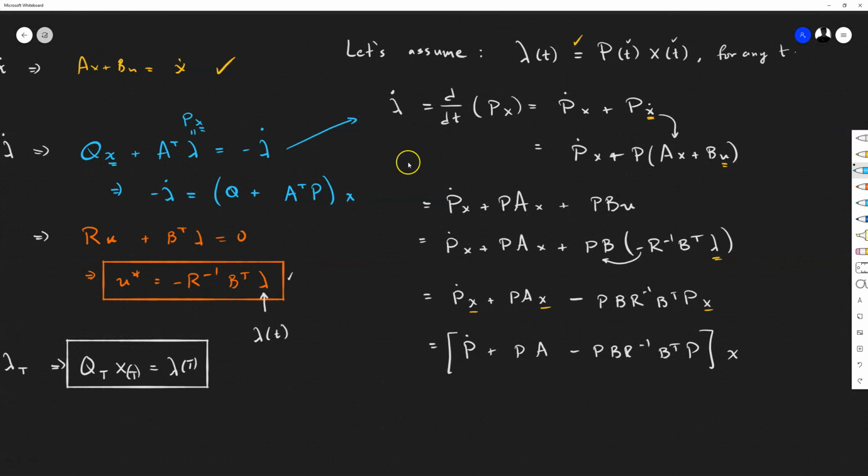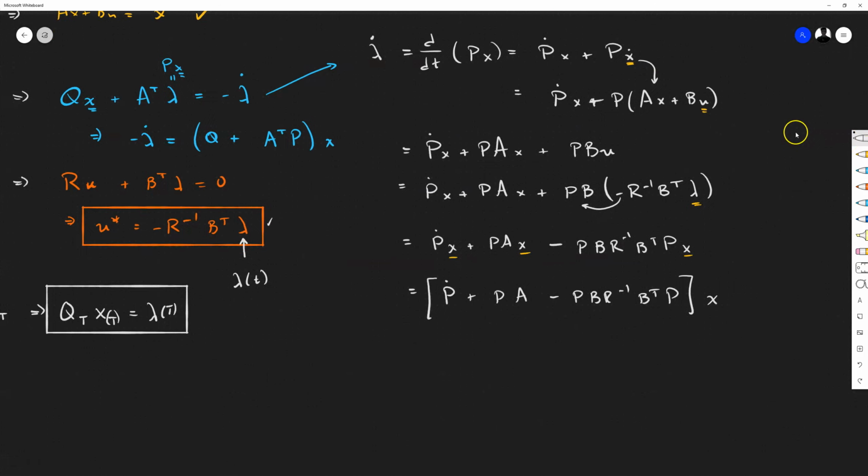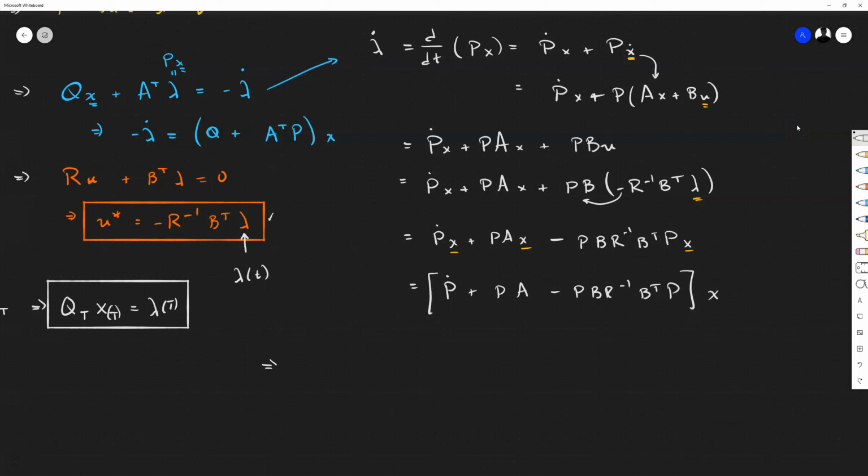So, okay, let's plug this into the left-hand side of this expression. And what do we end up getting? Well, negative lambda dot is equal to this. So this is equal to negative q plus a transpose p x, which is equal to the right-hand side, p dot plus pa, all of this.